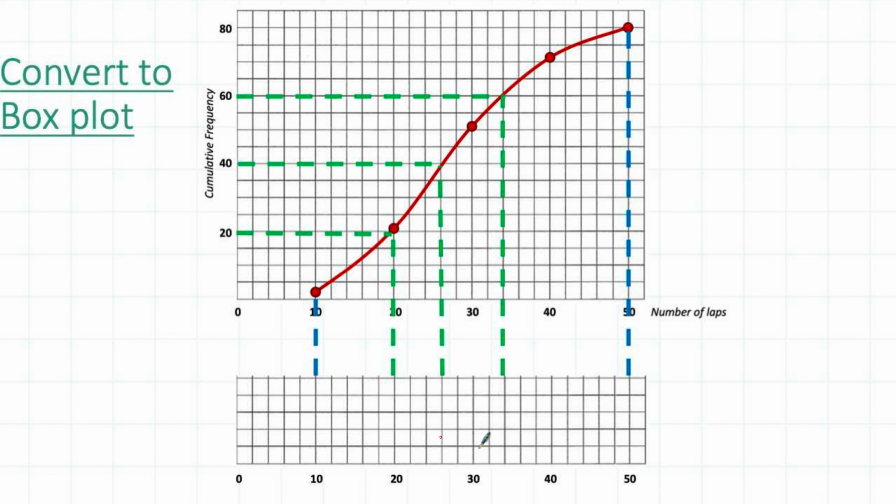And then on the same scale, if I copy it down, I can plot my box plot here. Which means that sometimes you will get graphs that have cumulative frequency and box plots, and then you have to match them together. So this is a visual representation that they actually match up nicely. You should see the same type of behavior happening in both if you match up the scales.